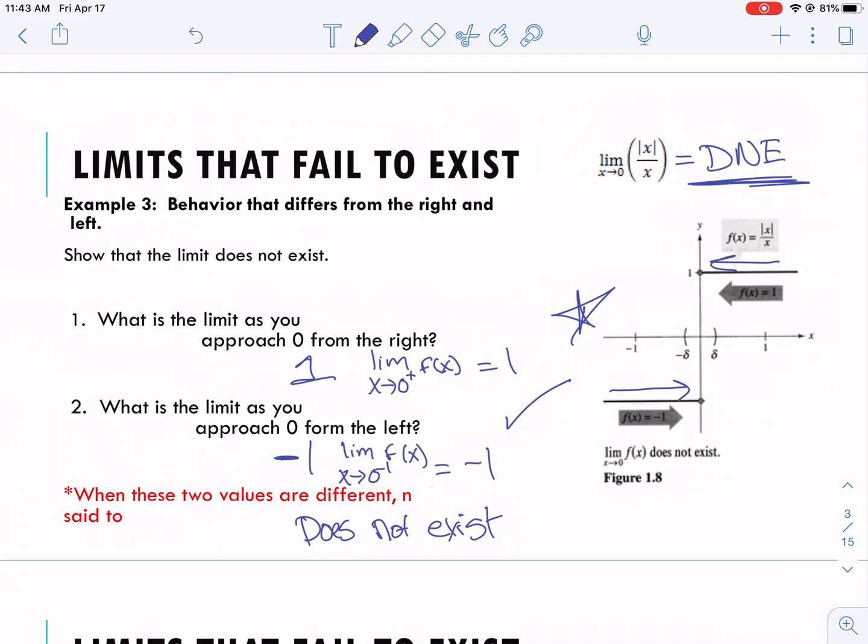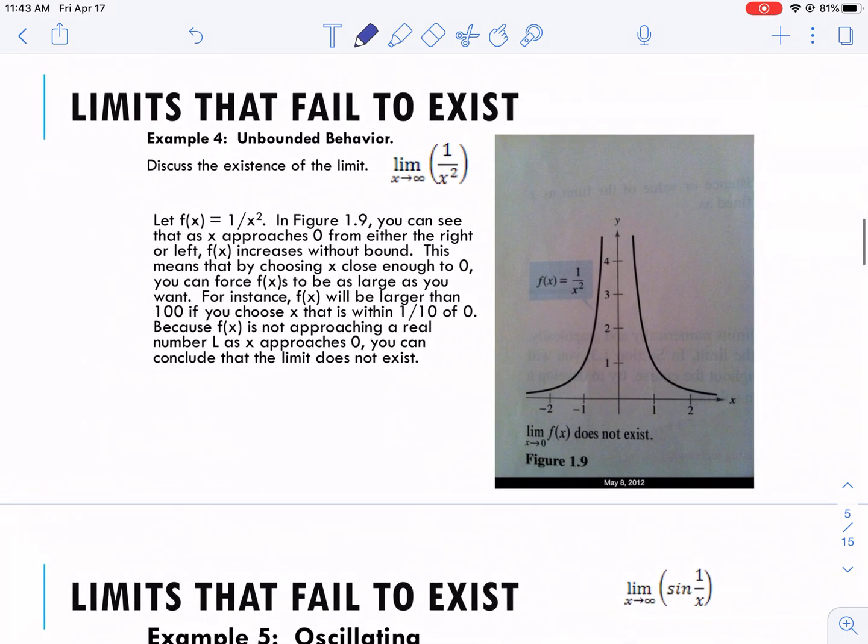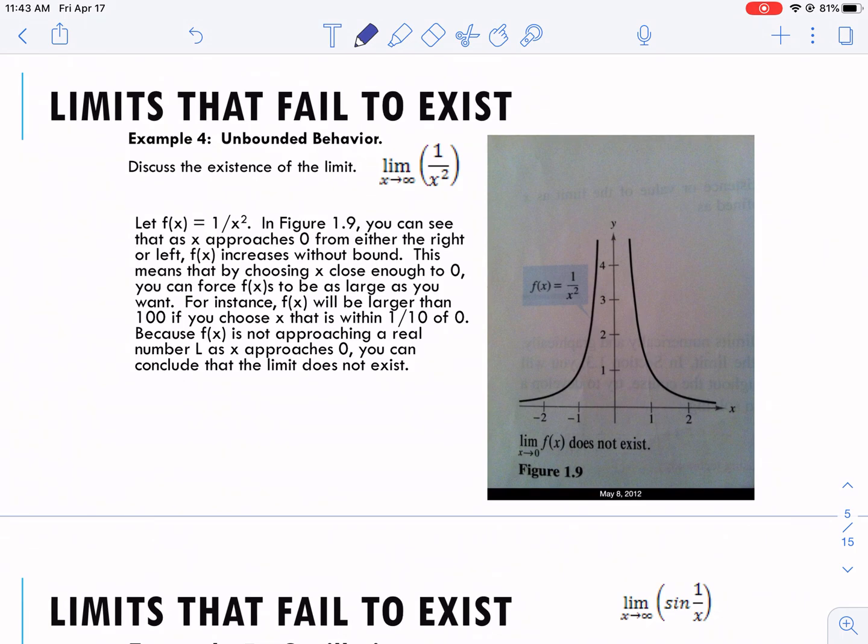If we can see on the graph it approaches 2 different values, then the limit does not exist. Another time it does not exist is when it's unbounded behavior, meaning as we look here, as x is approaching infinity, it is going to -infinity or infinity, so that doesn't work.